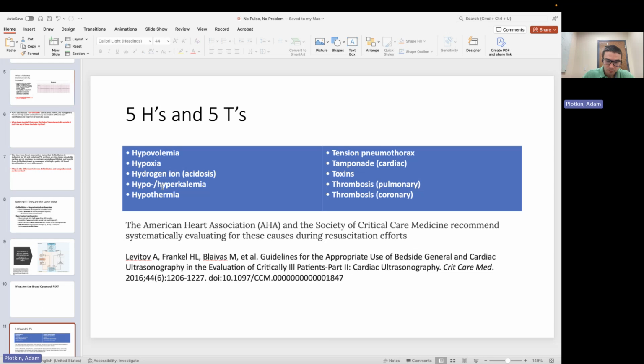Okay. So my H's stand for hypovolemia, hypoxia, hydrogen ion, hypo or hyperkalemia, and hypothermia. My T's stand for tension pneumothorax, tamponade, so cardiac tamponade, certain toxins, thrombosis, and also thrombosis, right? So pulmonary thrombosis, coronary thrombosis. I don't use Anki too much.